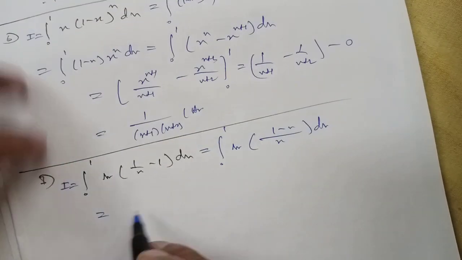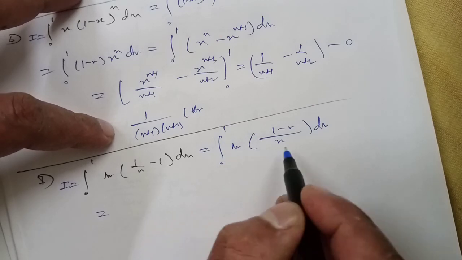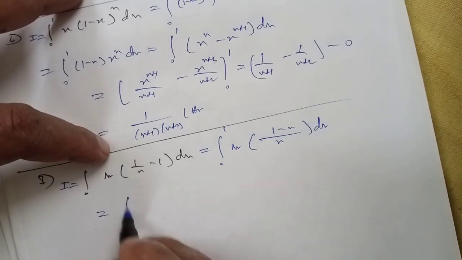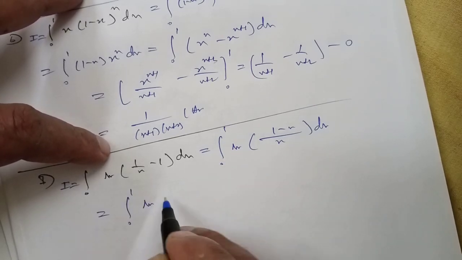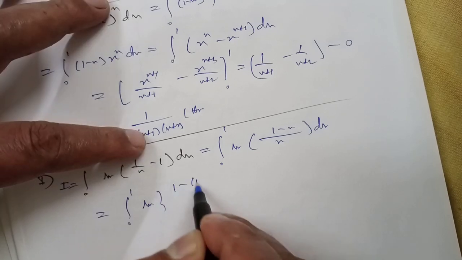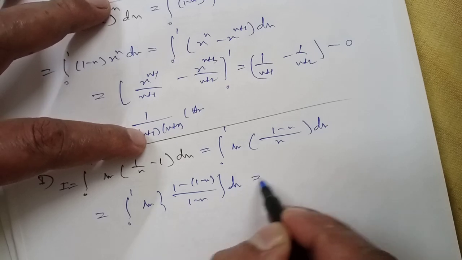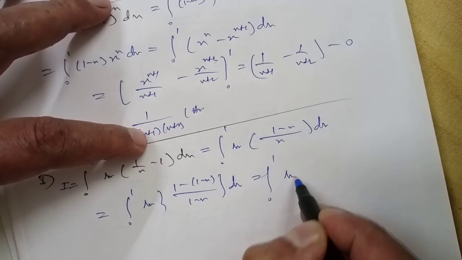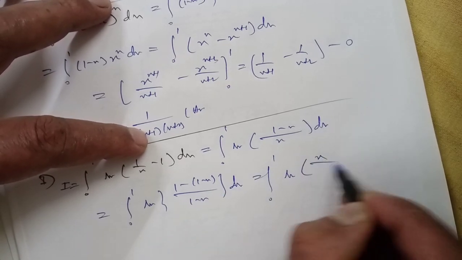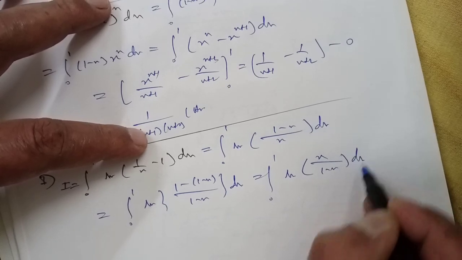Now apply fourth property. Here a is 1, so you have to replace x by 1 minus x. 0 to 1 ln of 1 minus (1 minus x), this is 1 minus x, then dx. So you get 0 to 1 ln of, this is x, and this is 1 minus x dx.